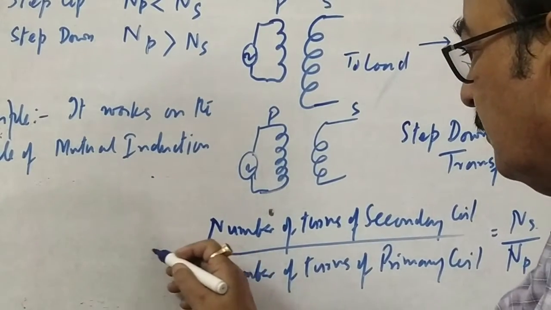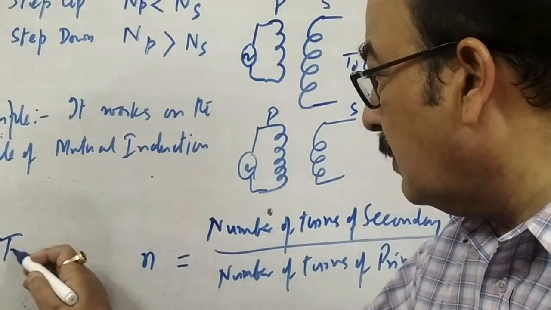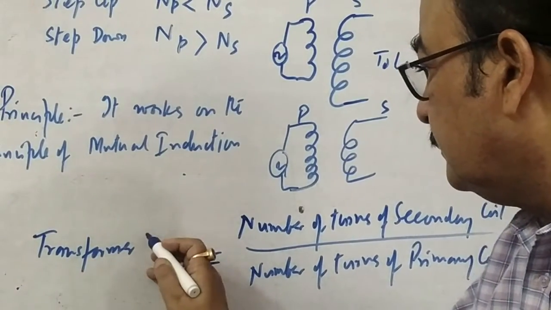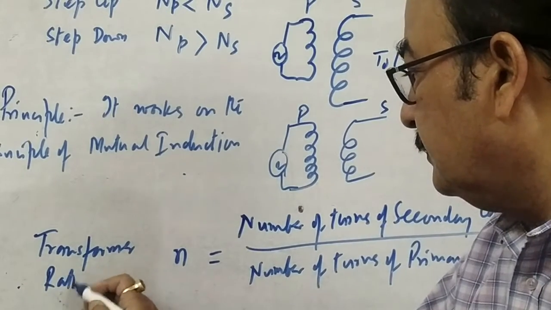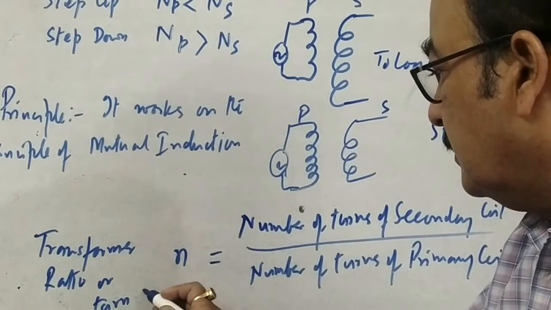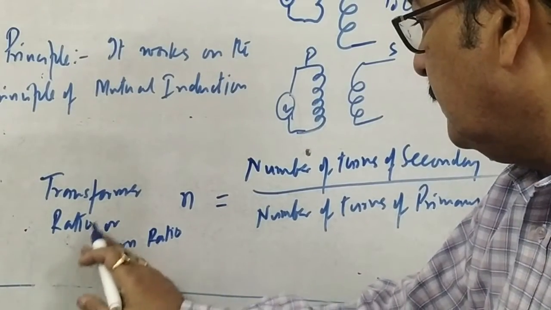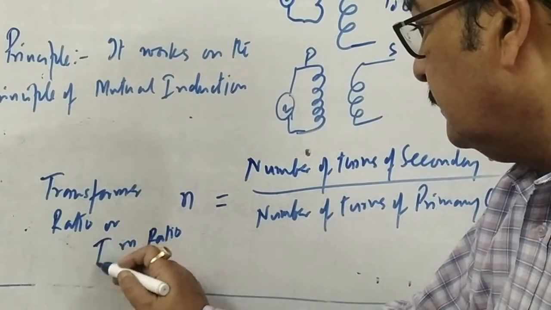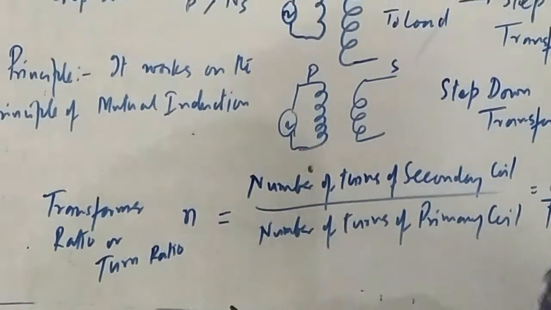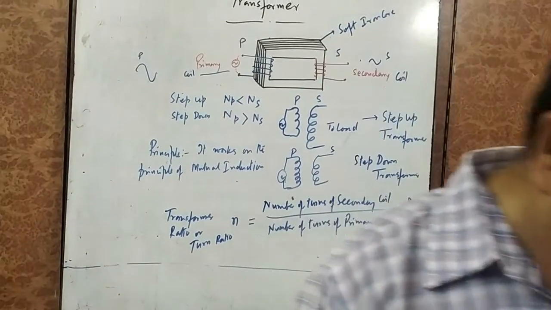This is a ratio, we call it by small n, and that n is called turn ratio or transformer ratio. Turn ratio, okay.